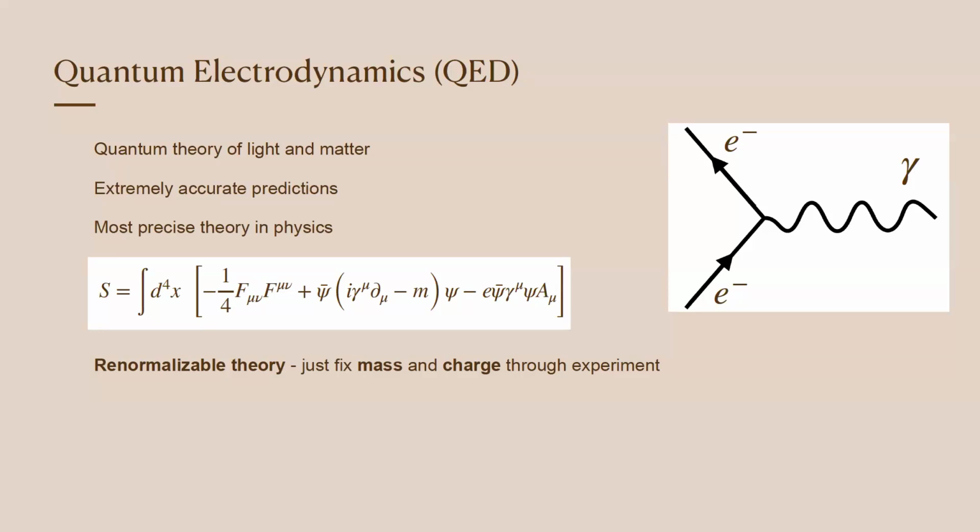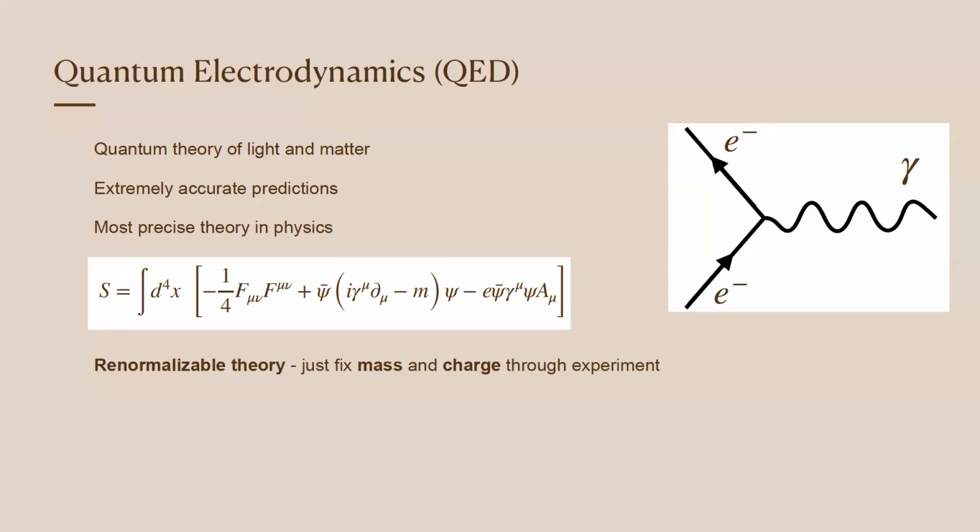And there is an interaction vertex, which has a certain strength, which is given by the electric charge. The Lagrangian for QED is given by this. We have the term containing the photon, a term containing the fermions, and a term containing the interaction between the fermions and the photon.